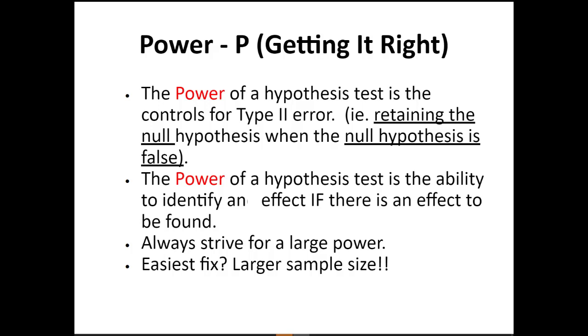So the power of a hypothesis test describes its ability to identify an effect if there is an effect to be found. We always want to strive for large power, and the easiest way to do this is just to increase the sample size. Increasing the sample size pretty much fixes everything, because closer and closer to the population brings us closer and closer to the truth.